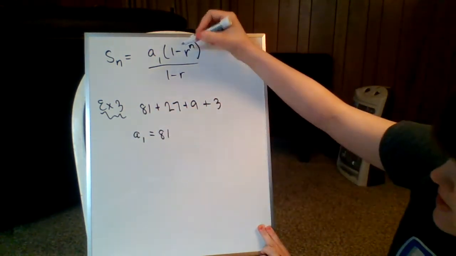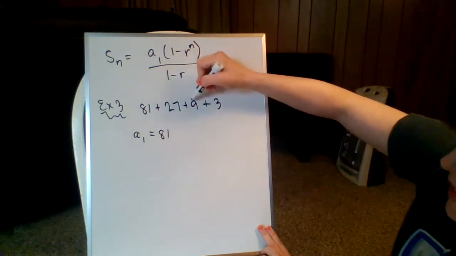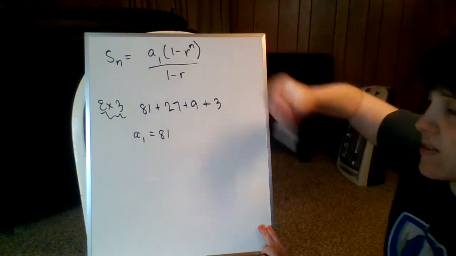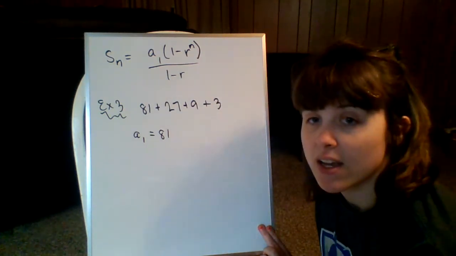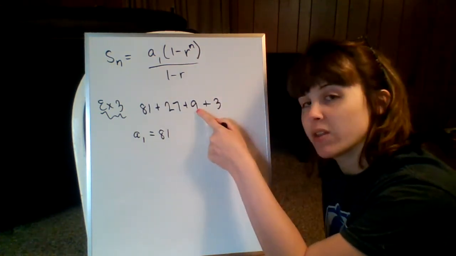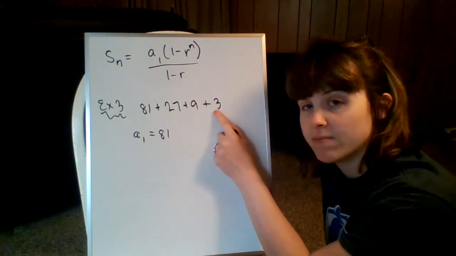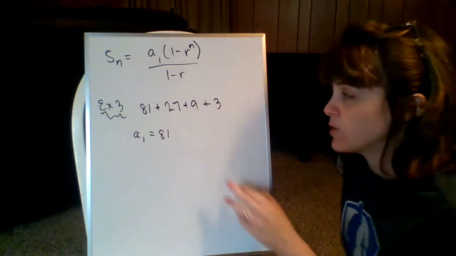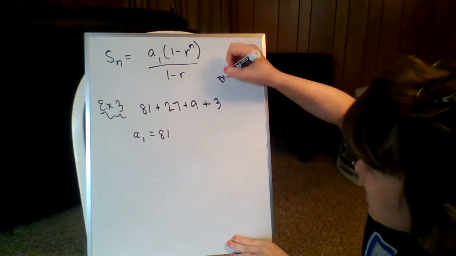Now R is what you're multiplying by each time to get the next number. And as you can see, these are going down, so we're probably dividing by something. And I know that 9 divided by 3 is 3, and 27 divided by 3 is 9. So what we're doing is actually dividing by 3.